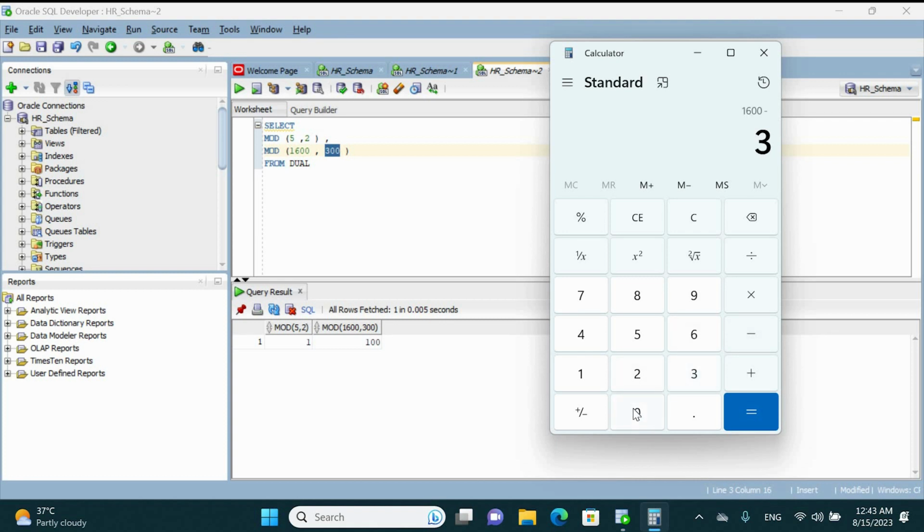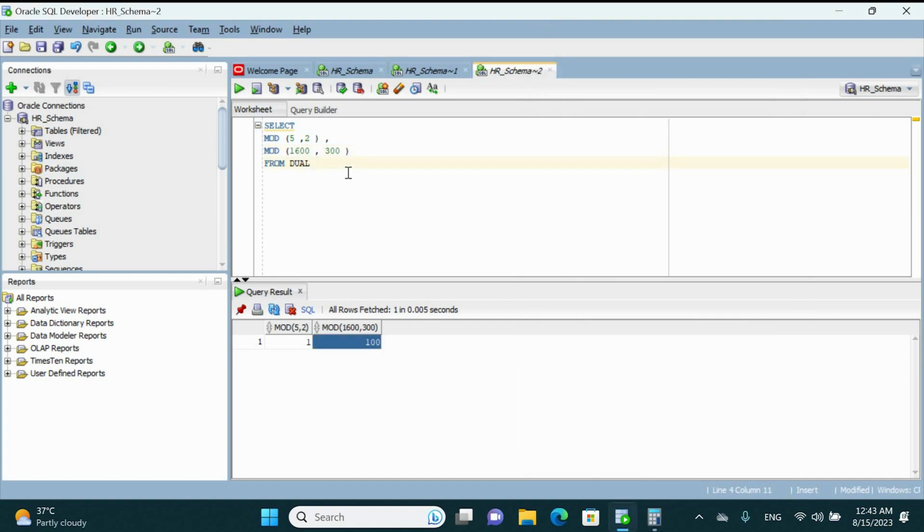Minus 300, the second minus 300, minus 300, this is 3 times, minus 300, this is 4 times, and minus 300. So we get the remaining amount. Here it is, 100.